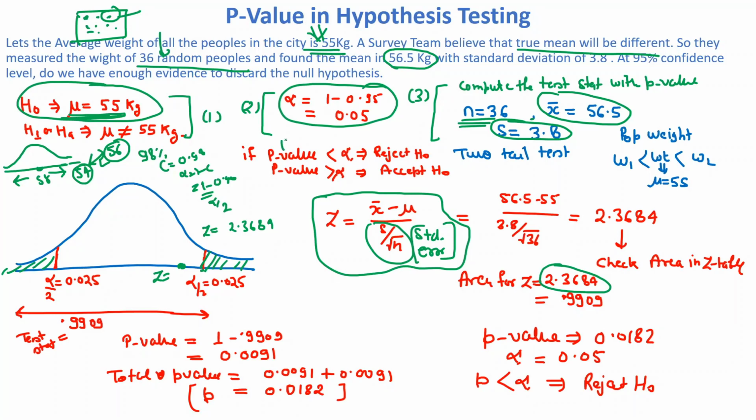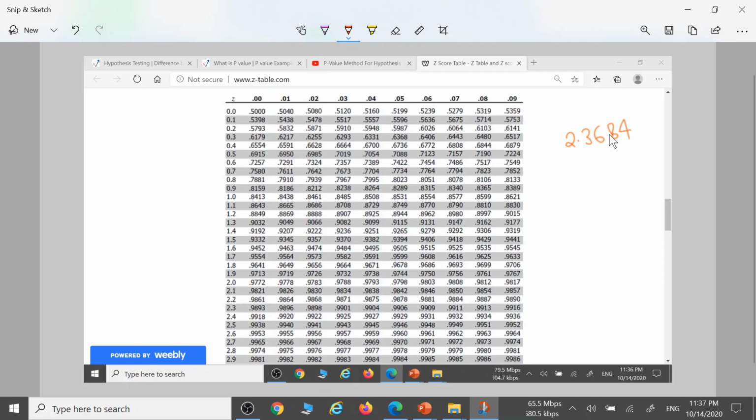The p value works with area, so we need to calculate the area corresponding to this Z value. How do we calculate the area? For that we will use the Z table. Let's measure the area corresponding to 2.3684.